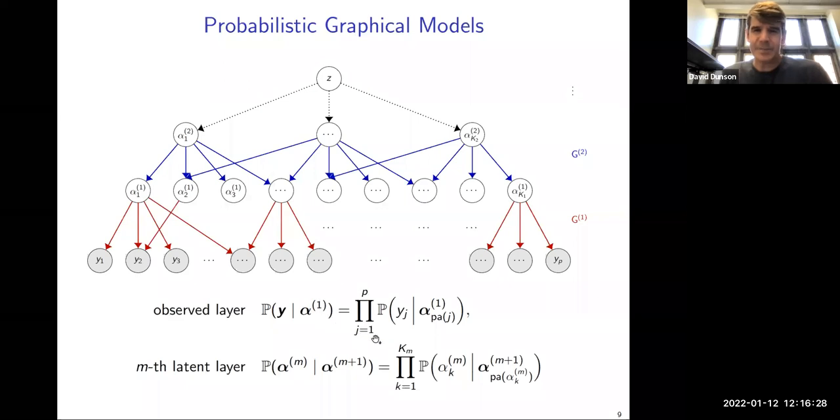That is just a product from j equals 1 to p over the different categorical variables of the conditional distribution of the jth variable given the parents of the jth variable, that's alpha subscript pa(j), 1. We need to put a model on that. Then in the mth latent layer, the binary latent variables at the mth layer given the m plus first layer again have this simple product conditional independence form. So the model, conditionally on the graphical structure, ends up being quite simple.